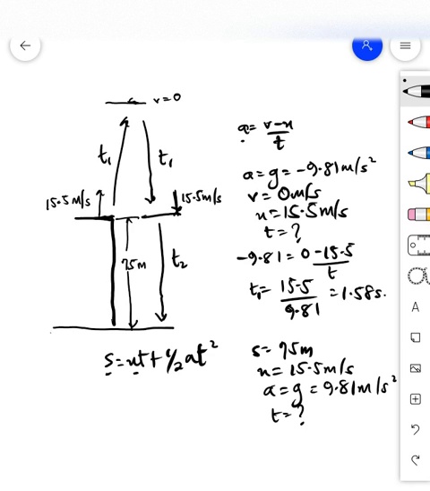So coming back here, we have 75 equals 15.5 T plus half times 9.81 T squared. I'm going to separate this here so we don't make a mistake.